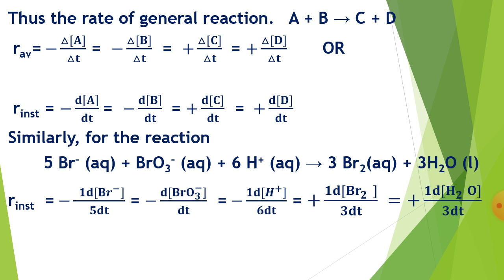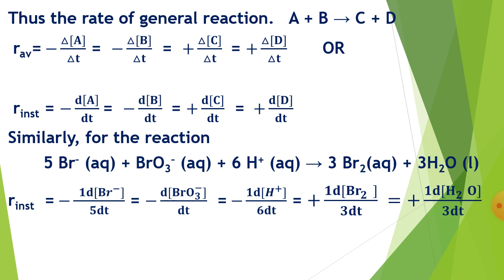Now thus the rate of the general reaction A plus B gives C plus D, we can write like this, in terms of average rate: R average equals minus delta A by delta T equals minus delta B by delta T equals plus delta C by delta T equals plus delta D by delta T. The negative sign indicates the decrease in concentration of reactant, and the positive sign indicates the increase in concentration of product.